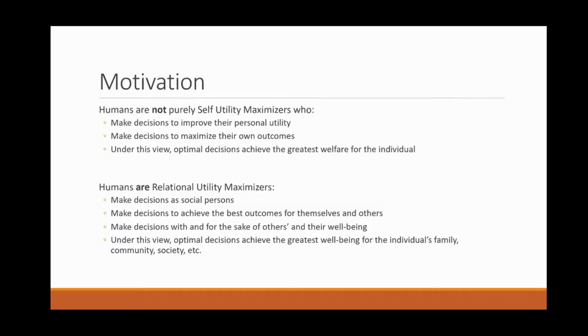And what we're saying is that we are acknowledging the reality that humans are not self-utility maximizers. But instead, we are acknowledging the reality that humans are, in fact, relational utility maximizers. That's the term that we're using. What does that mean? That means humans make decisions as social persons.